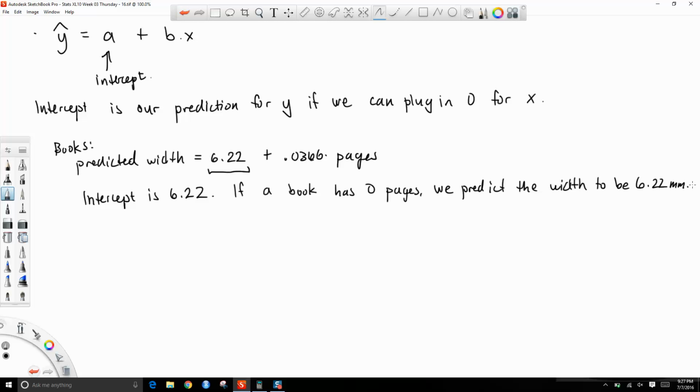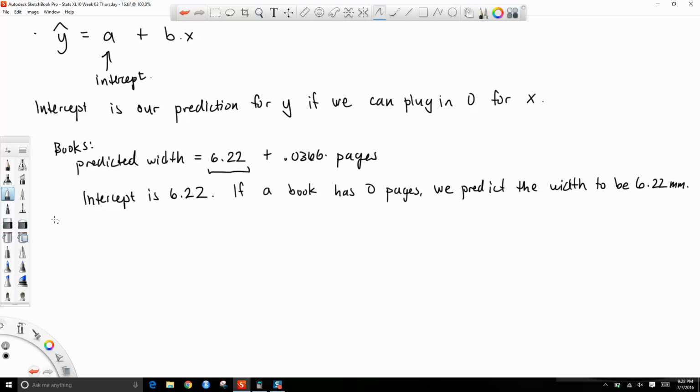Loosely, it could be thought of as the thickness of the covers of the book. If we remove all the pages from this book, all we would be left with is the covers. How thick are the covers together? Maybe 6.22 millimeters. It's a prediction.